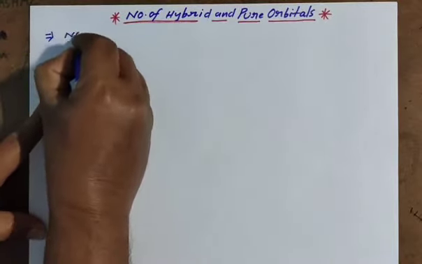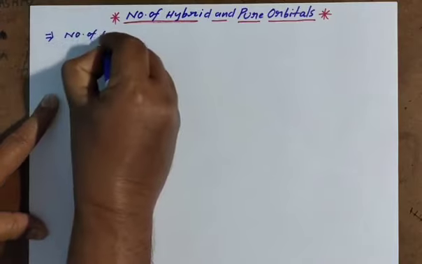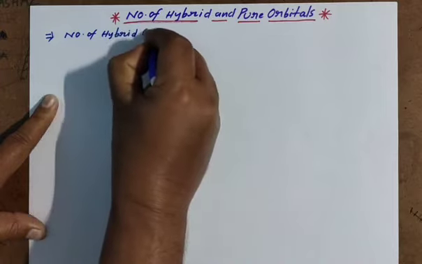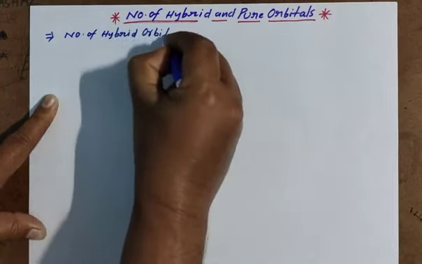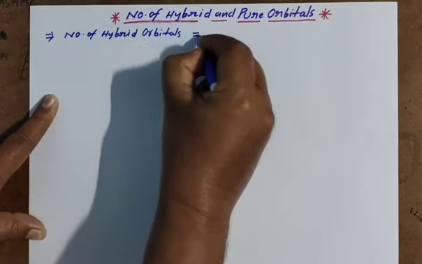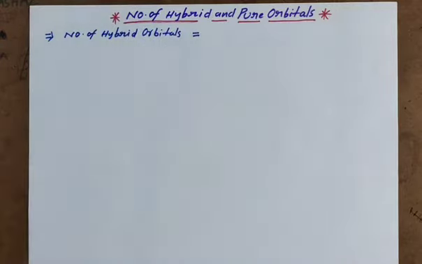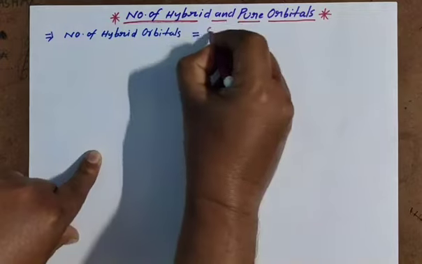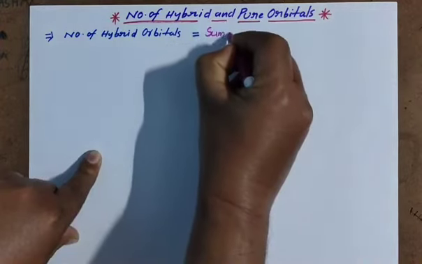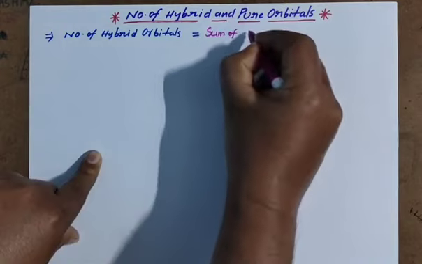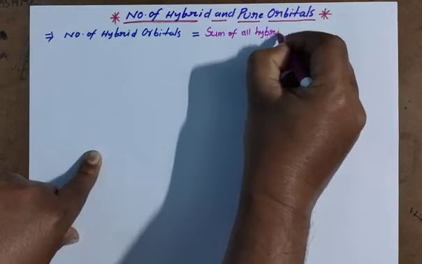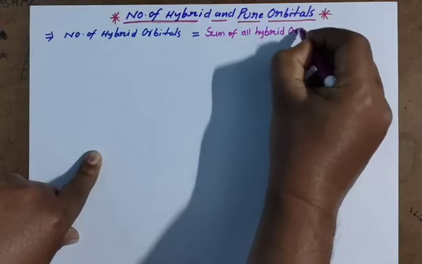Number of hybrid orbitals equal to, means this formula is given. How to calculate the number of hybrid orbitals? Very simple.